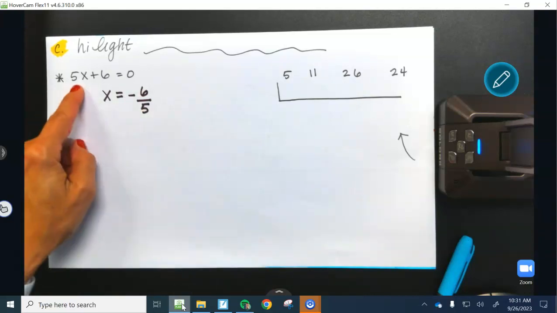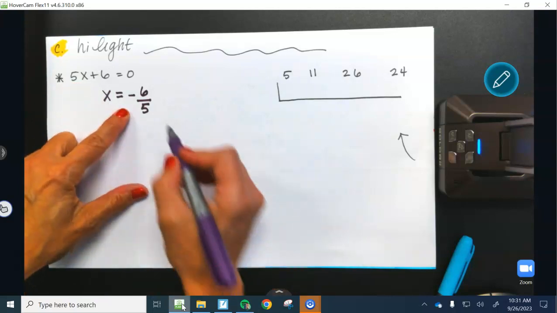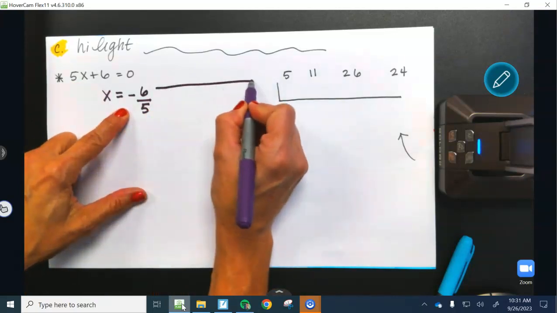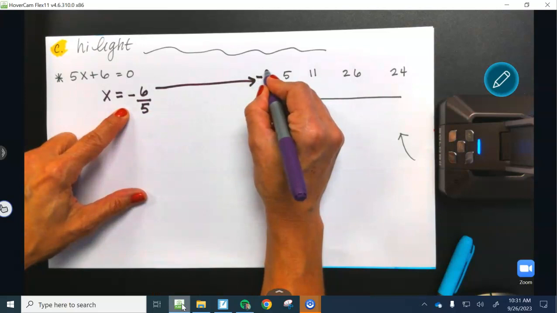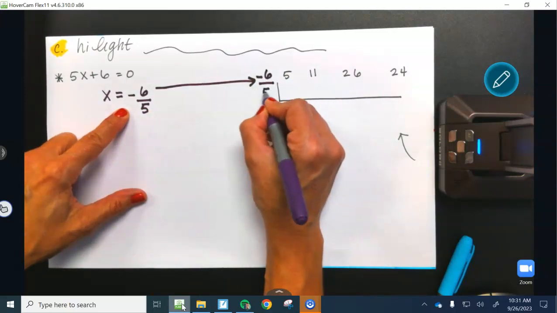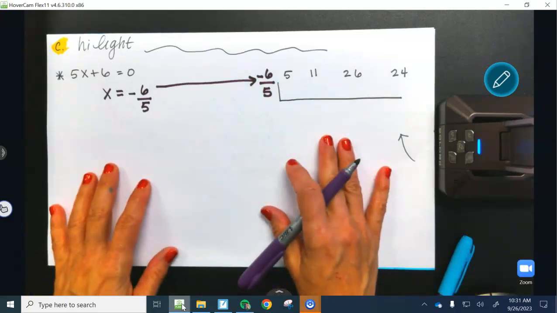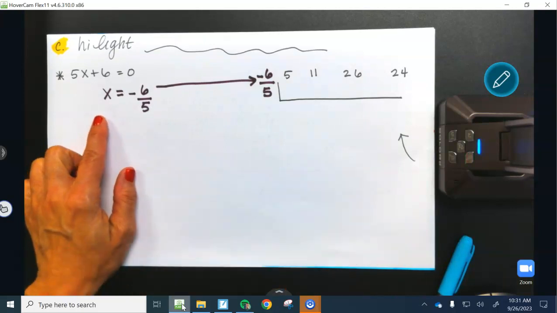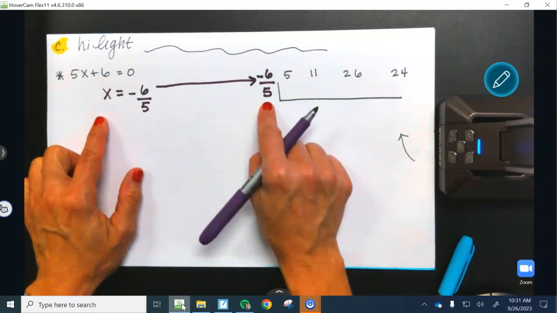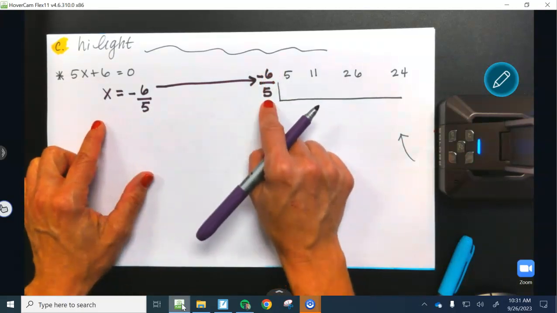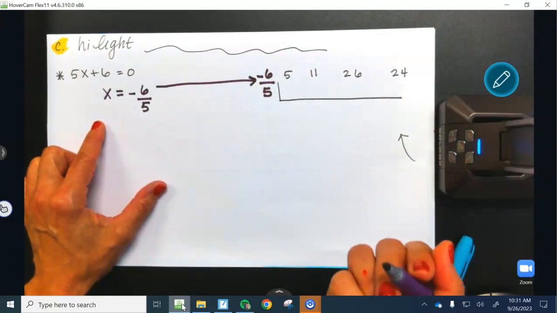So, when you have a number in front, solve for x, and then you take that straight over there and copy it on the outside of your division box. Did you say that there's a number in front, but there's no exponent, just do long division? You can. I'm just going to show you a different way to do it. You can choose any way you want to do it. All right, so when I put a negative 6 over 5 right here, I'm ready to divide.